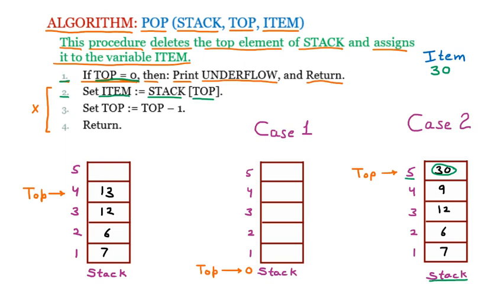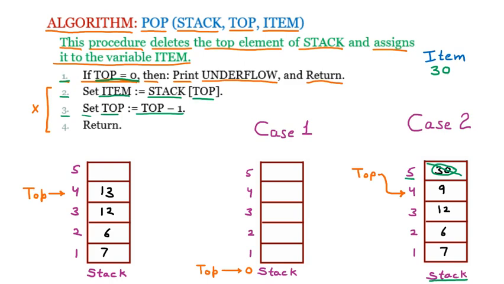Then further, in the third line, set top is equal to top minus 1. So now this top is going down. 5 minus 1 is 4. Hypothetically we can say that this element is no more in the stack, because top signifies the number of elements which are present, and that is 4.